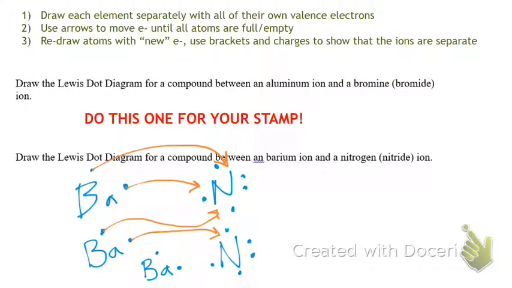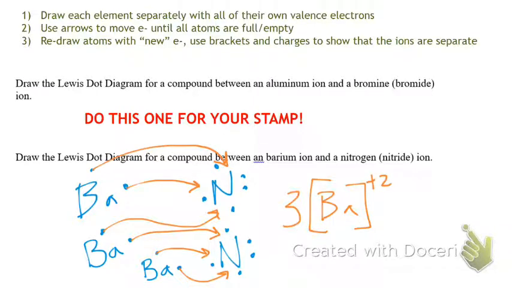Just keep adding what we need until all of my atoms are full or empty. And finally, I got there. So step 3 is to redraw the atoms with their new electrons. Barium is empty. It lost 2 electrons for each of them, but we needed 3 of them in order for it to work out.